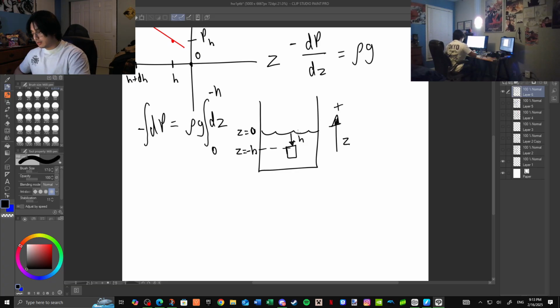Now we need to find the bounds for dp. The pressure at z equal to 0, we're also going to set equal to 0. We're just going to assume that the air pressure itself is 0, because we're mainly focused on the fluid.